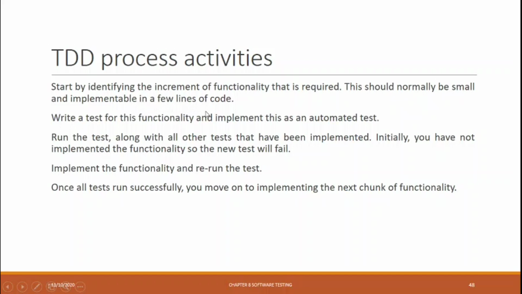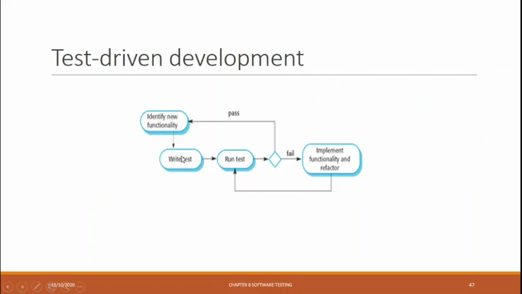Only a small amount of code is required to increment the functionality required by the system. Then write the test for the functionality and implement it as an automated test. So you write down the test cases for the required functionalities. Then you should run the test.